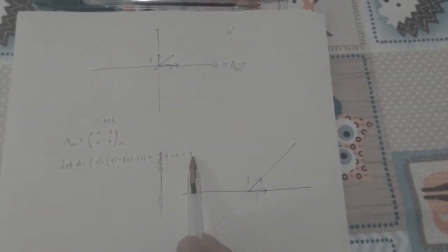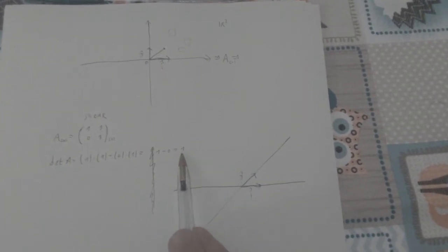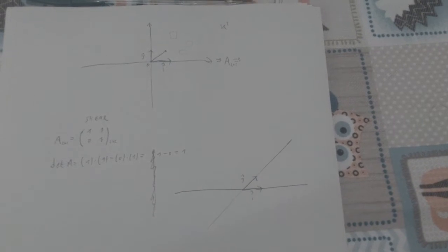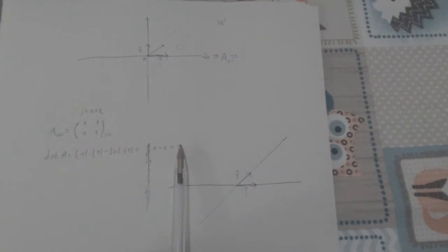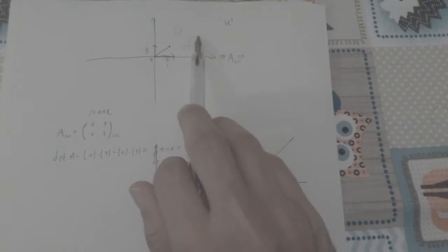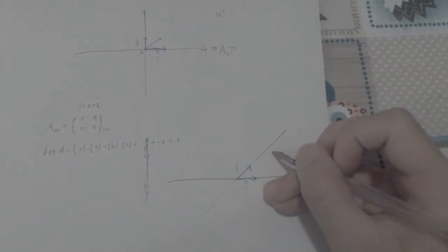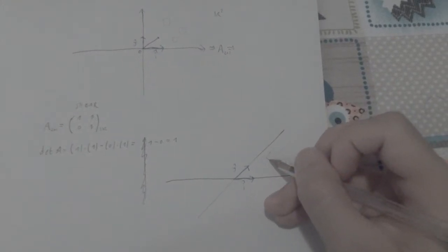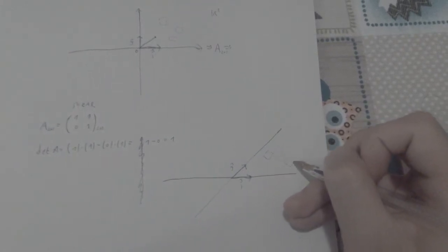We find that the determinant is 1. So this actually tells us that the determinant is 1, so it is positive, and the area of the objects that were in this space and are now going to be like this.